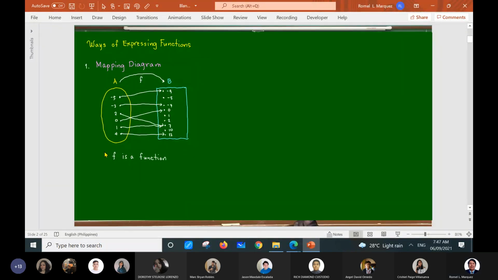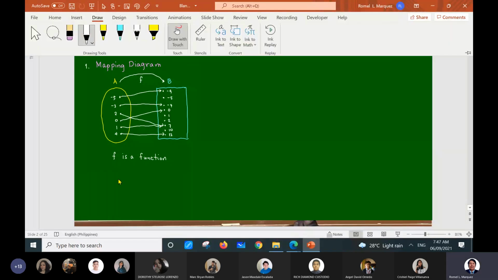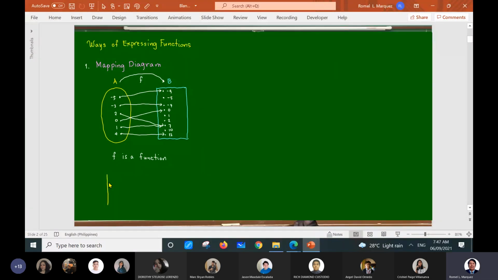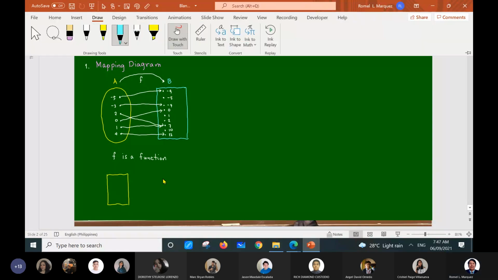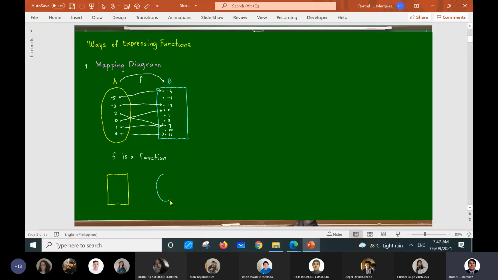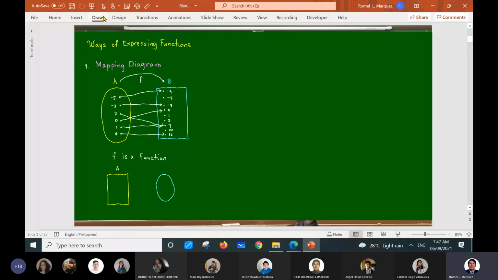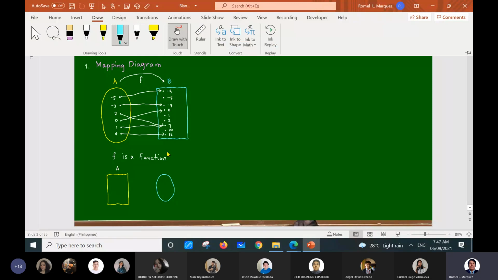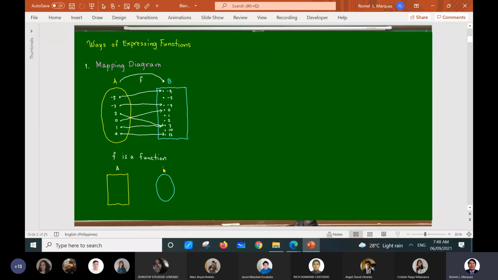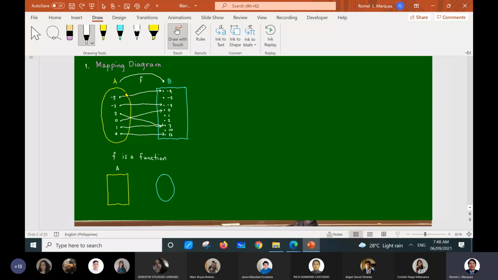Yan. Yes, sir. Now, if I have, for instance, a mapping diagram like this, let's say this is my mapping diagram. Let's call this A, and this is B, no?